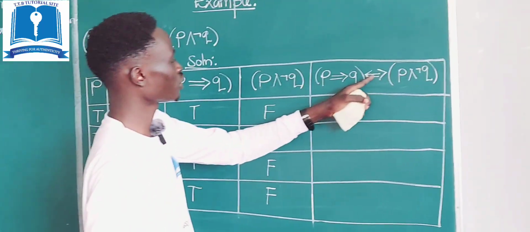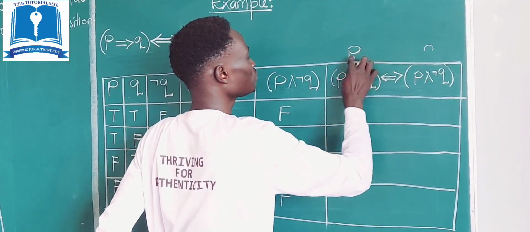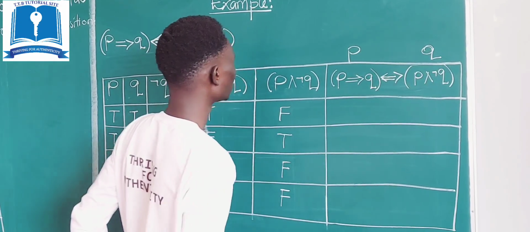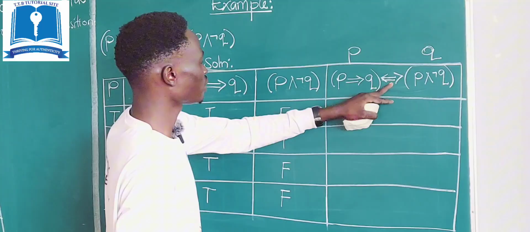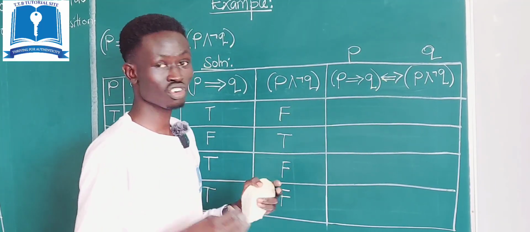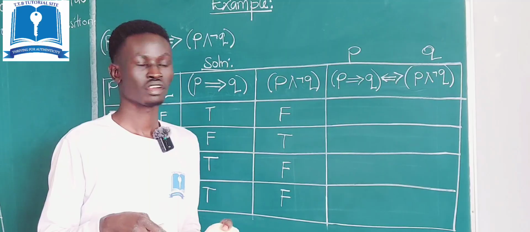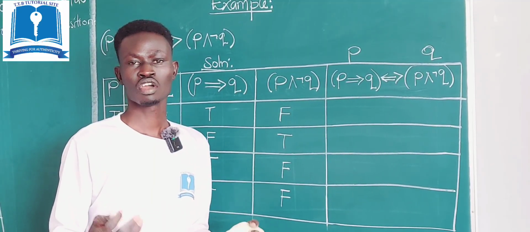So it is biconditional, remember. Now let us put this to be P, then this one to be Q. For biconditional, it is false if and only if both P and Q have different truth values.